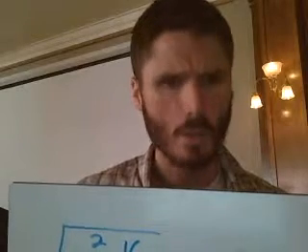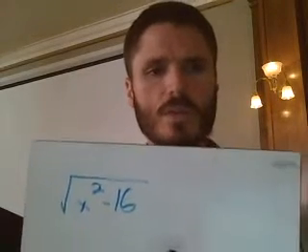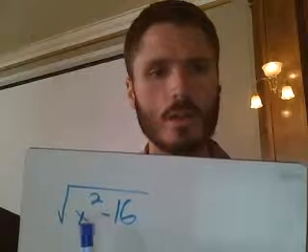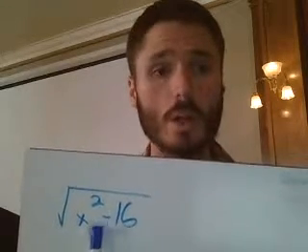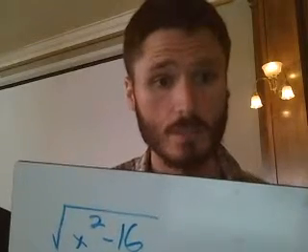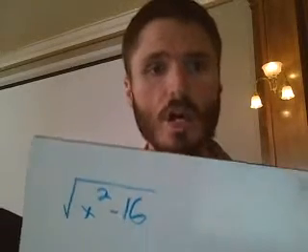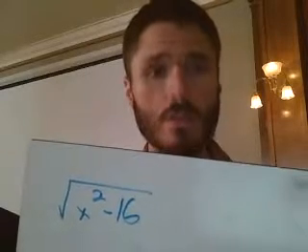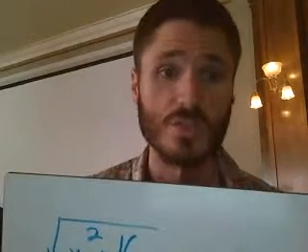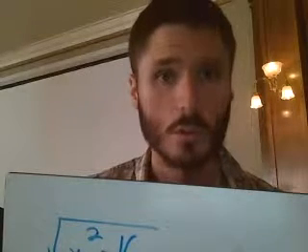But what about -4? Does -4 work? Well, it does, because -4 quantity squared is positive 16. Positive 16 minus 16 is 0. The square root of 0 is just 0. So -4 works.